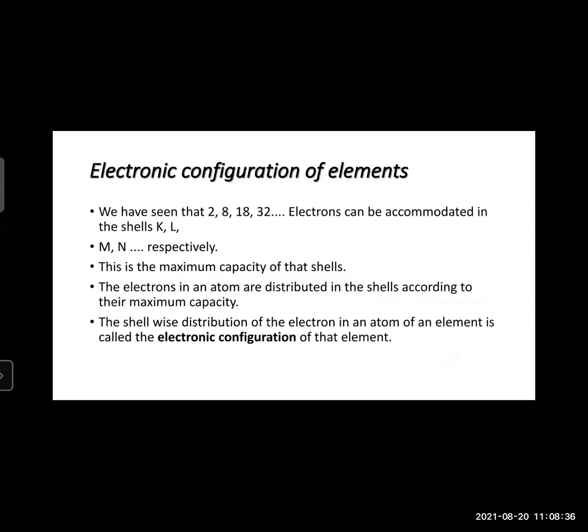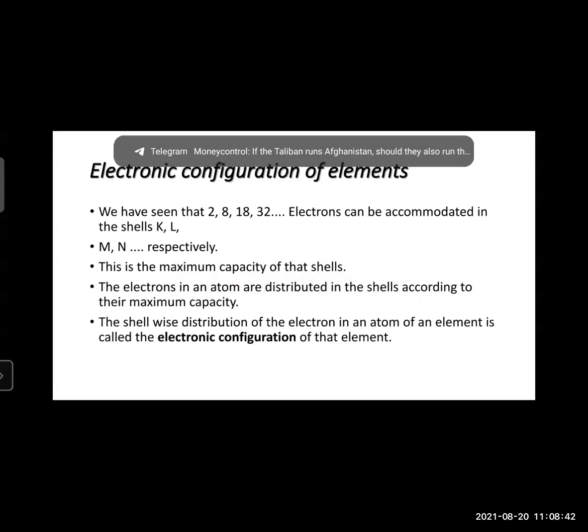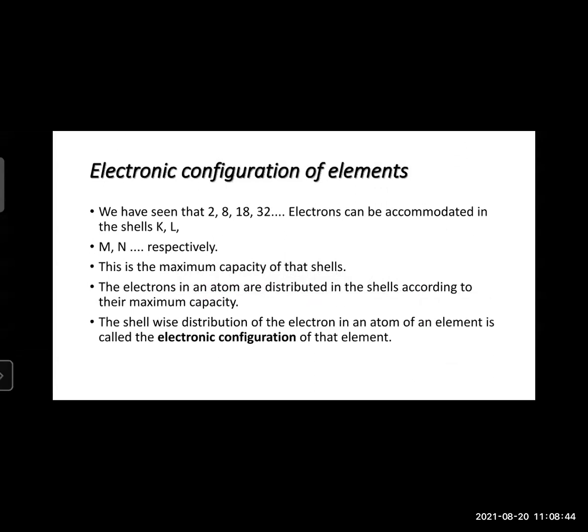Now we will see the electronic configuration of elements. We have seen that 2, 8, 18, and 32 are the maximum electrons that can be accommodated in the K, L, M, and N shells respectively. This is the maximum capacity of that shell.